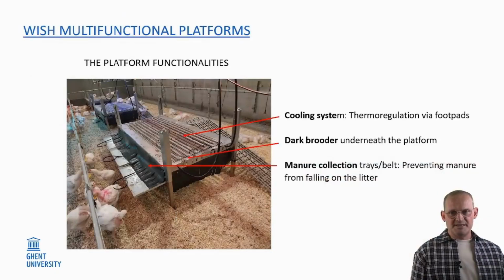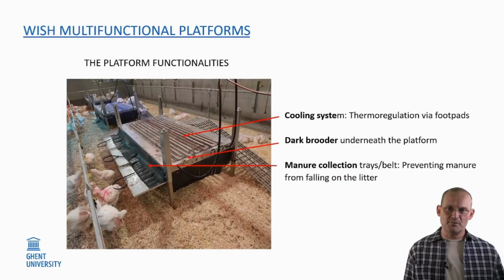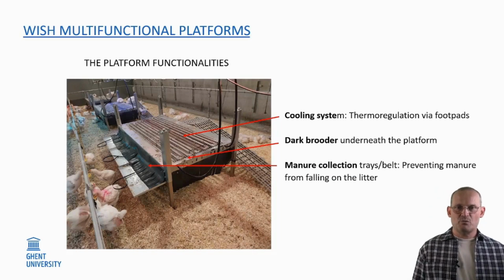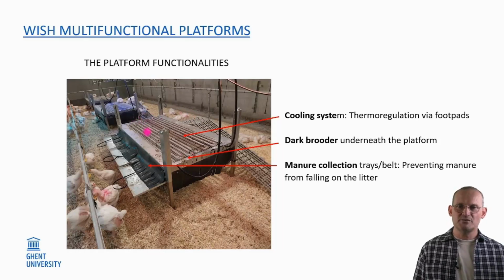And here you see an early prototype of what we call multifunctional platforms, in which one functionality is a cooling system. There is a water circulation in the top pipes of the platform, in which we can condition the temperature of the water that goes through it, which could allow either heating or cooling.